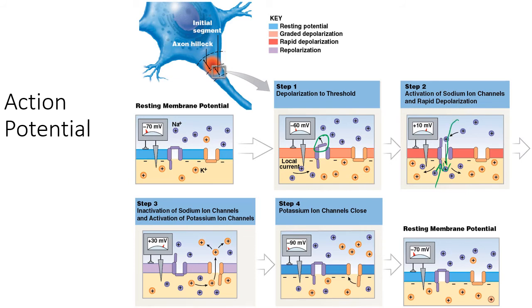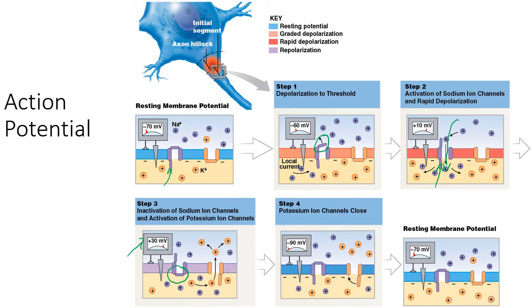At rest, that inactivation gate is open also, so it stays open all the way up until we hit positive 30 millivolts. At positive 30 millivolts, that inactivation gate is going to close, and that's going to, in a sense, stop the influx of sodium.